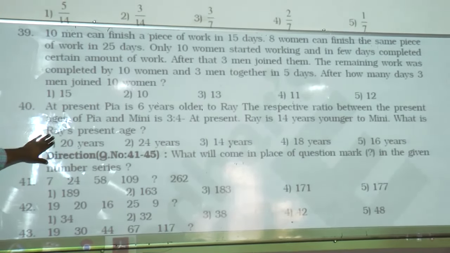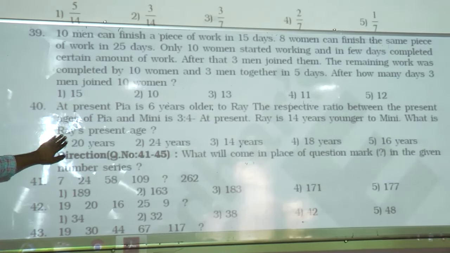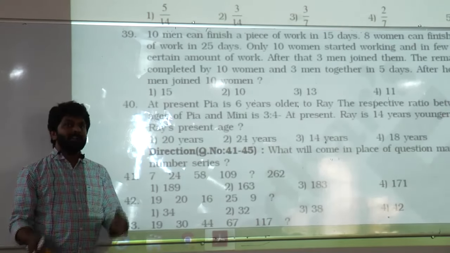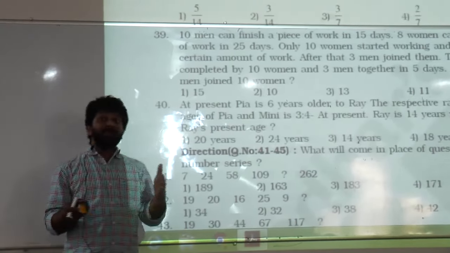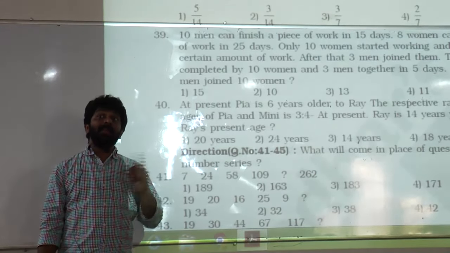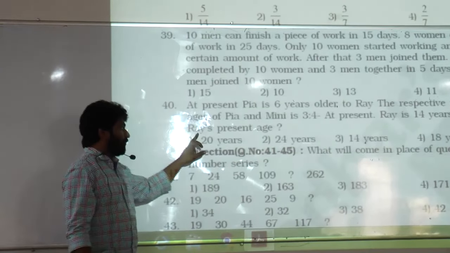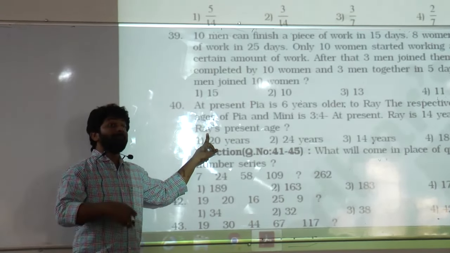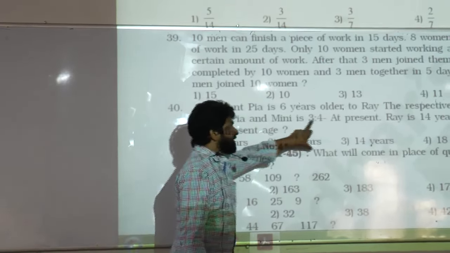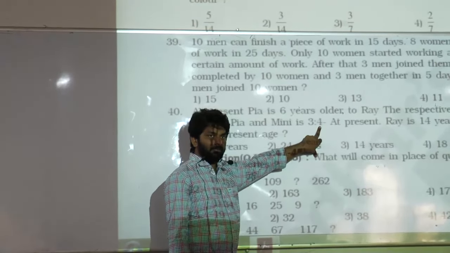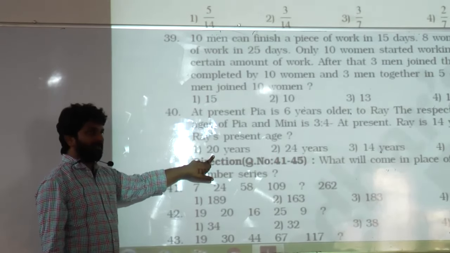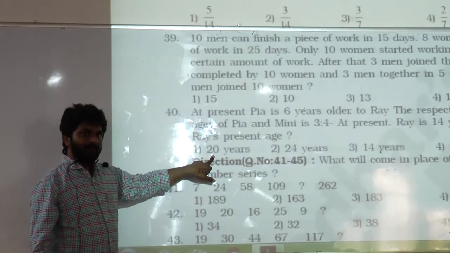And this is what you asked about, Ray's age. What is the difference between Ray's age and Mini's age? 14. Who is elder? Mini. So, to Ray's age, if you add 14 years, you will get Mini's age. Am I right? From here, what is Mini's age? 4 parts, so it should be a multiple of 4. If this is Ray's age, if you add 14 to this number, will that be a multiple of 4? This cannot be your answer.